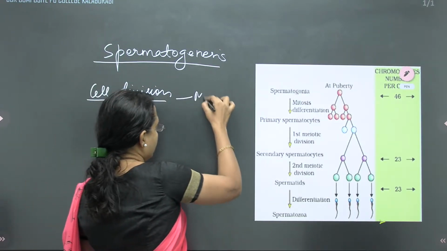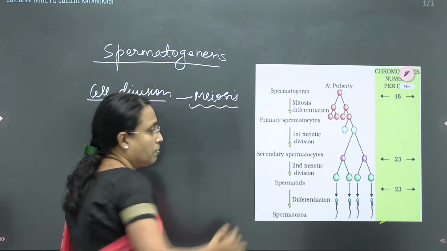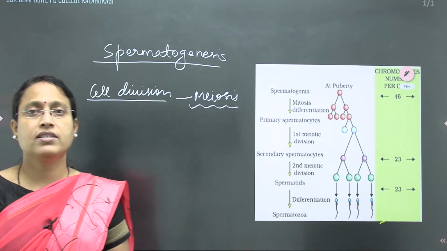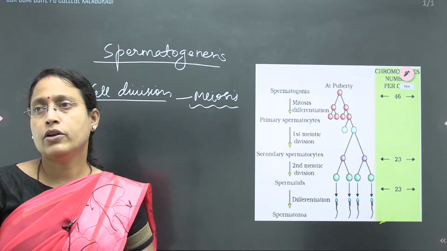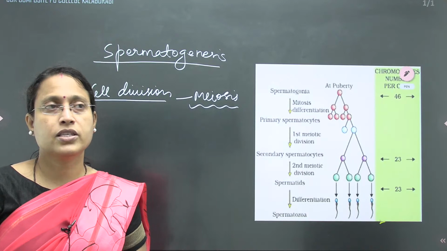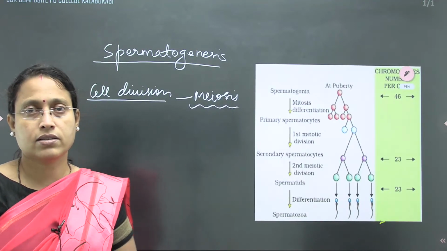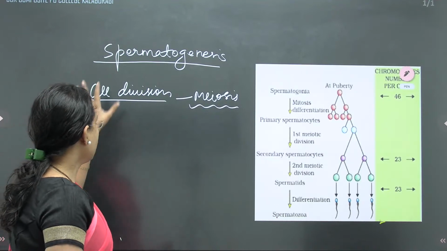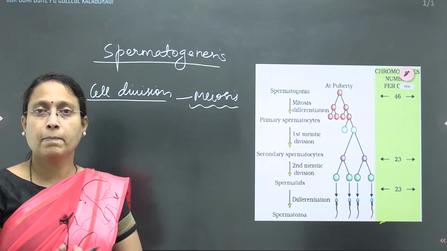So the cell division that forms the basis of both spermatogenesis and oogenesis is meiosis.